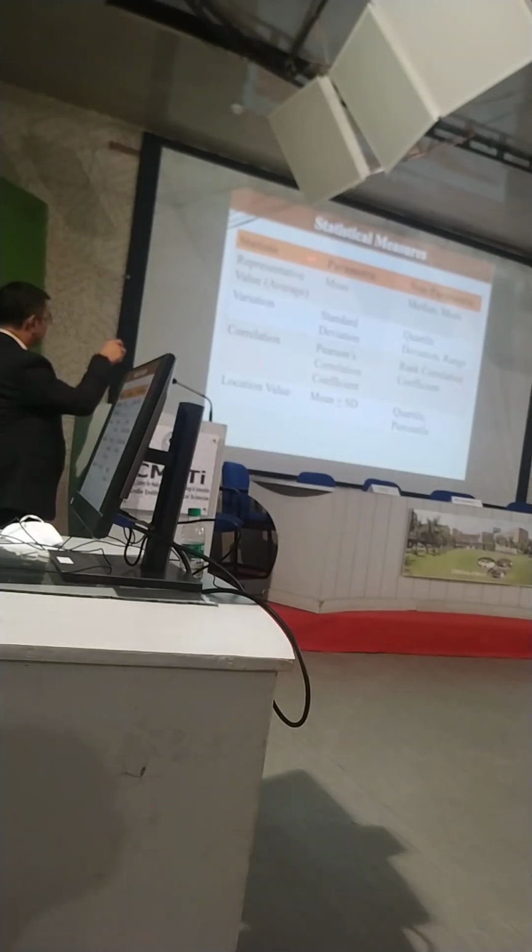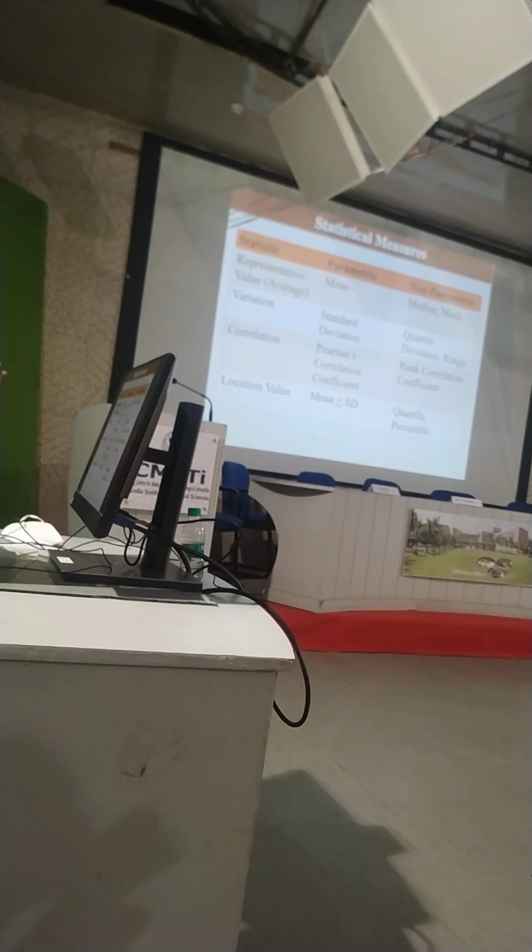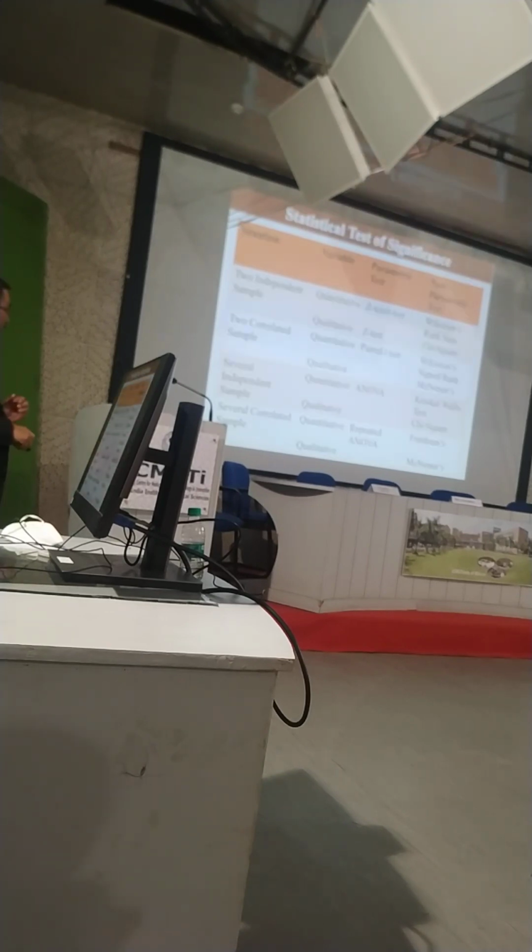So one can see that under broad approaches of parametric and non-parametric, how the data changes and how the statistical measures also change becomes important. This is the list of the common situations of two independent samples, two correlated samples, several independent samples, and several correlated samples. And the variable, if it is quantitative and qualitative, what type of parametric test needs to be done, and if it is non-parametric, then what type of statistical test to be done.